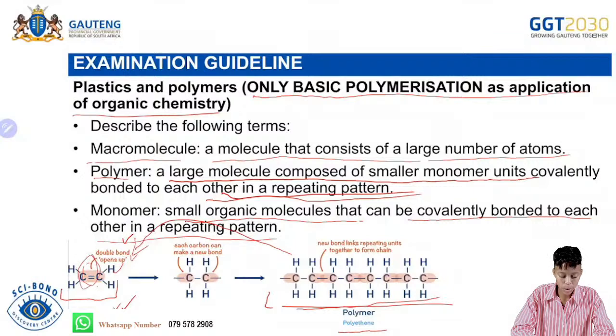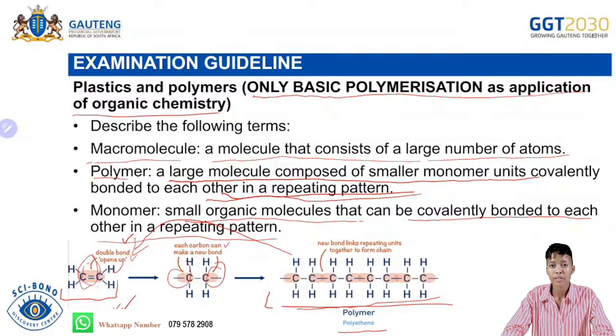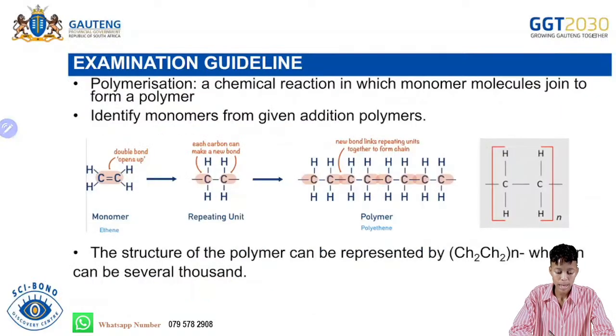That is here on the double bond of the ethene, and it says each carbon can therefore make what? It can therefore make new bonds, and then it says new bond links the repeating units together to form a chain. Okay, then it says you need to know polymerization.